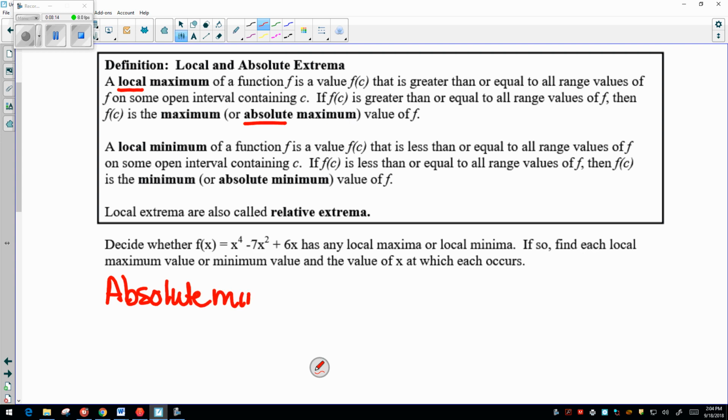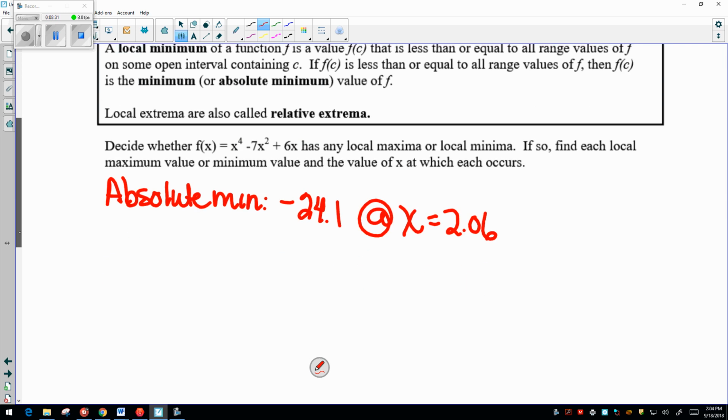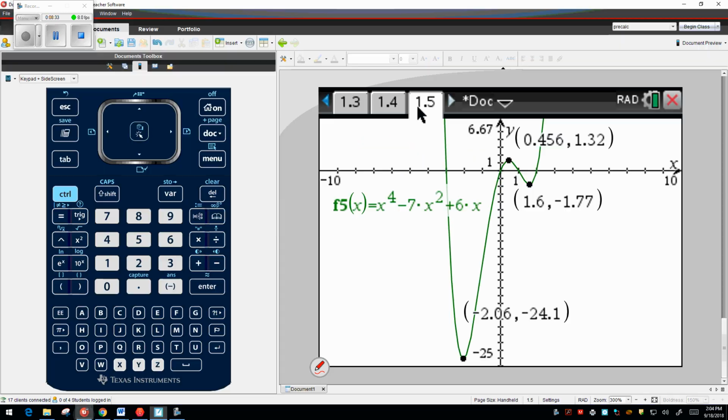and that absolute minimum occurs at negative 24.1. Notice that's the y value. We can state here when x is equal to 2.06. Okay? If we go back to the graph, we have another minimum. It's another low value. We're going to look at that coordinate 1.6 and negative 1.77.